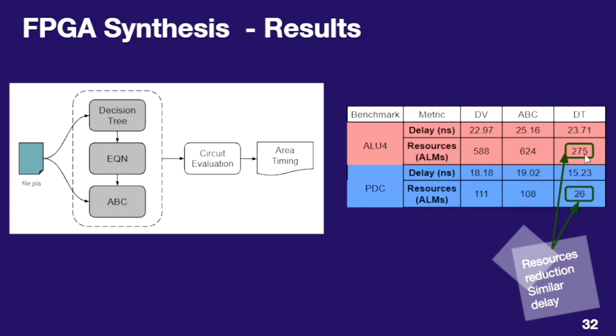So 275 versus 624 and 588 lookup tables for ALU4, and 26 against 108 and 111 for the other methods for the PDC benchmark. So a very considerable shrink in both areas. And in the delay results, we can notice that it got very similar to the other methods in both cases, ALU4 and PDC.